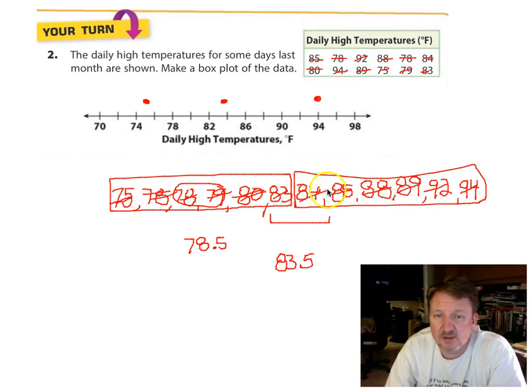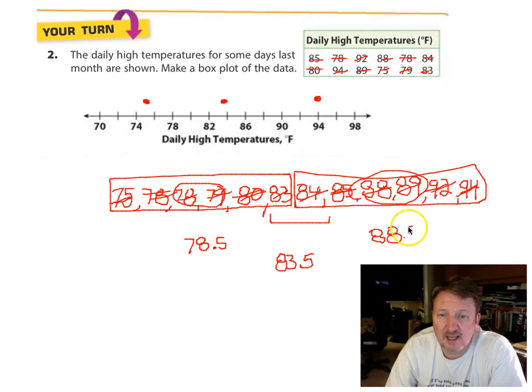Then for my upper quartile, I have these two numbers, 88 and 89, so 88 and a half. 78 and a half is going to be about right there, and 88 and a half is going to be about right there.